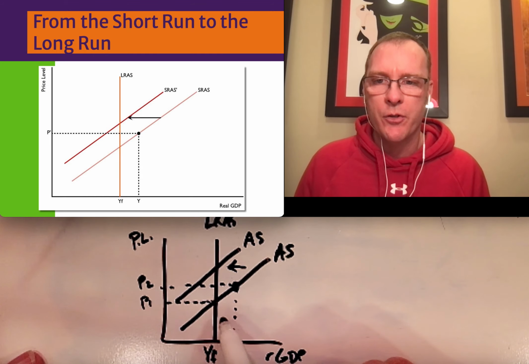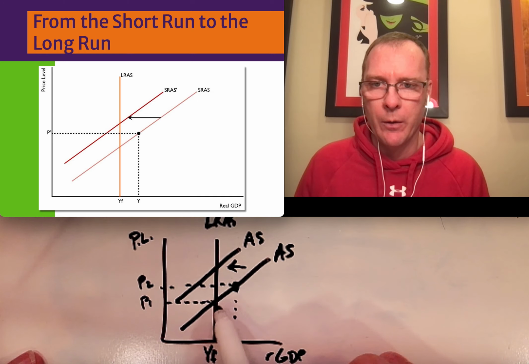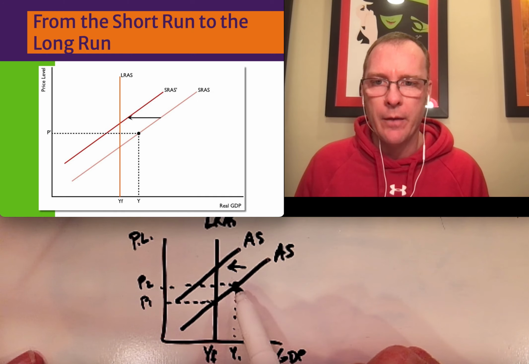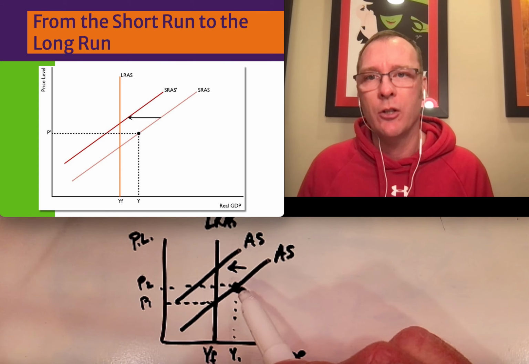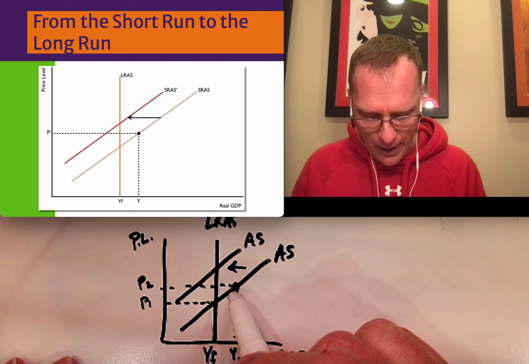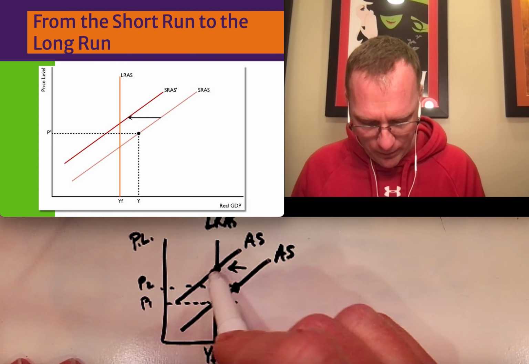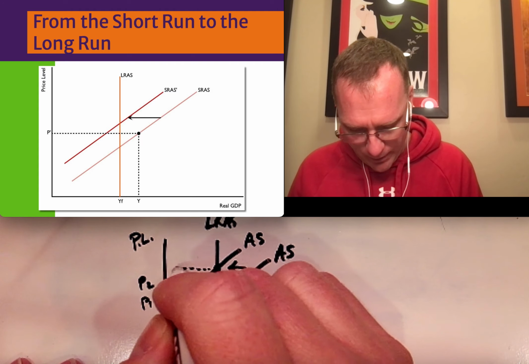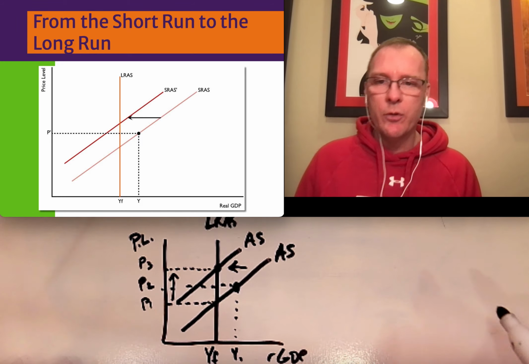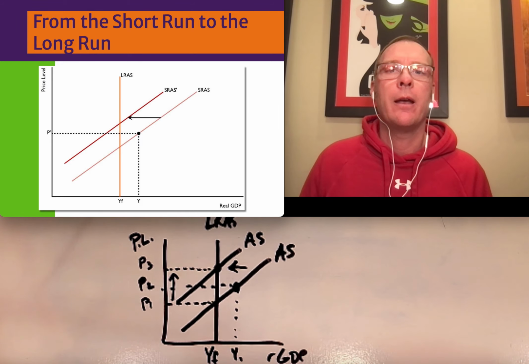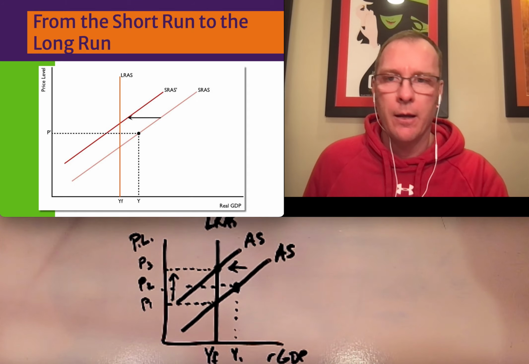All right. So in this process, we went from P1 to P2, and then because I got rid of some workers and you got a wage increase, I am actually back here on my long run aggregate supply curve and we're at P3. So did you see inflation happen? Yes, you did.